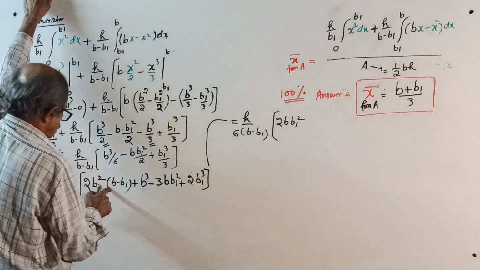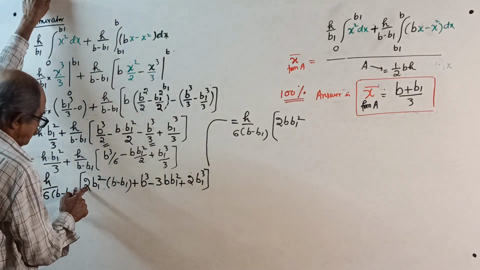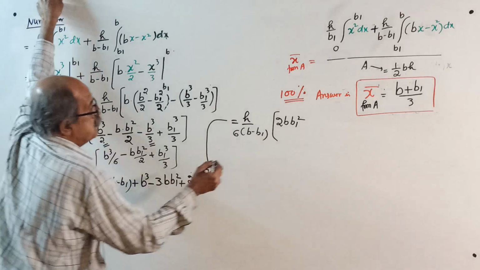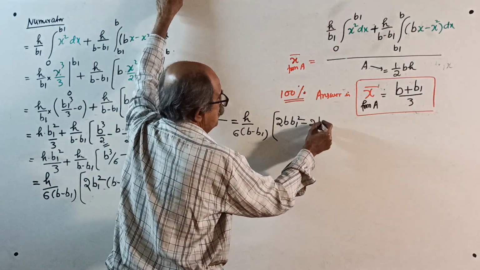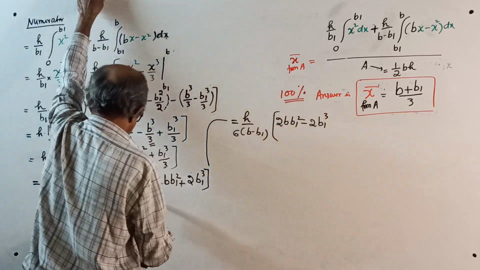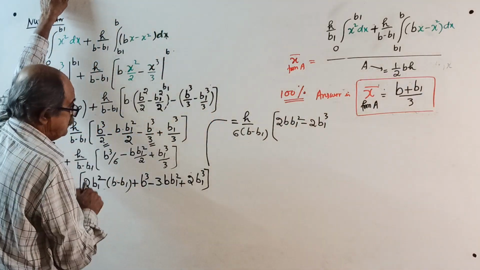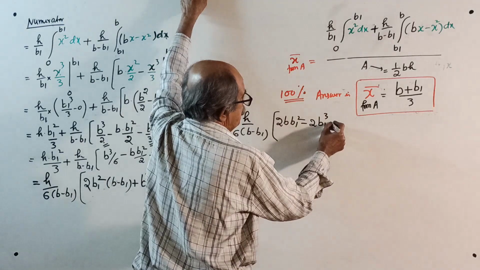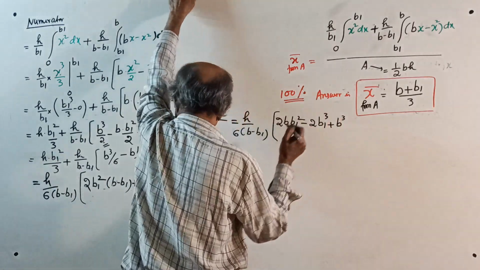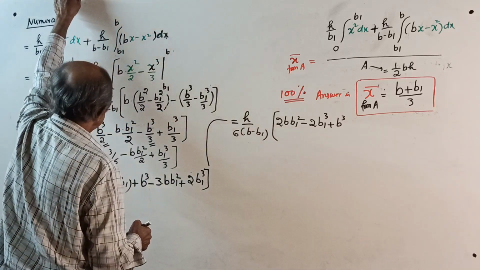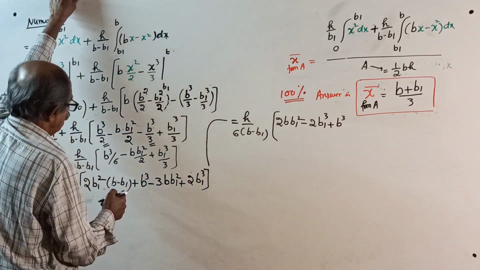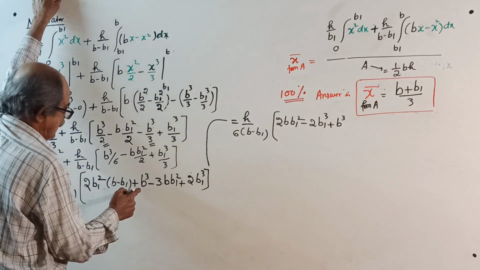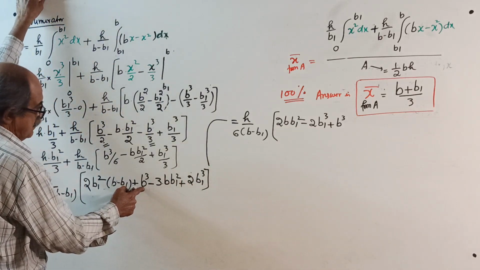I will write b first. 2b1 square minus 2b1 cube minus 2b1 cube. Which one? This one. Then plus b cube. Plus b cube. That b cube I got doubt. Okay, b cube correct. Plus b cube and then plus b cube over.